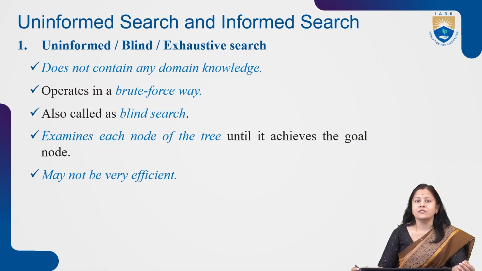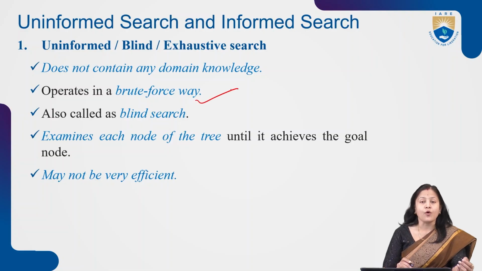As the name implies, uninformed, it does not contain any domain-specific knowledge. Domain-specific knowledge means where the goal is present and how to search the tree. It operates in a brute force way, but it does not contain any domain-specific information or domain knowledge in advance like other search techniques.